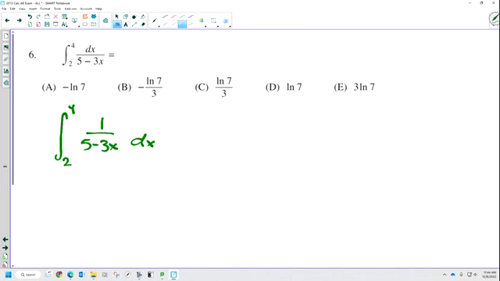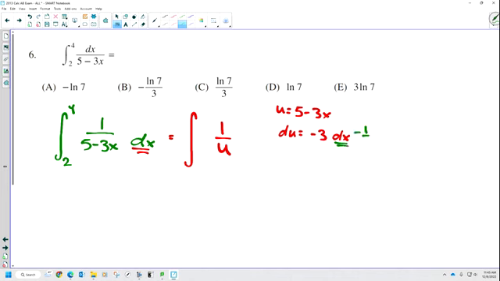To me, that screams natural log, but let's u sub, because it would really be a lot easier if I was integrating 1 over u. Okay, so I'm going to make u 5 minus 3x. That means du would be negative 3 dx, but I only have a dx to sub in for, so I want to keep my dx here and get rid of the negative 3.